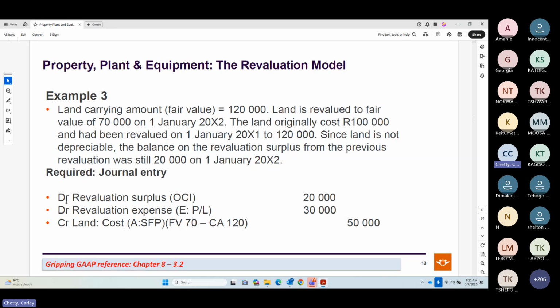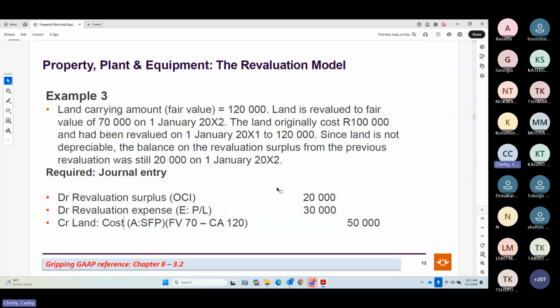So because we have reduced the revaluation surplus account to 0 by debiting it with 20,000, now we are going to debit revaluation expense with the remainder, which is 30,000 Rand. And remember, the revaluation expense is an expense account, and it is in the statement of profit or loss.